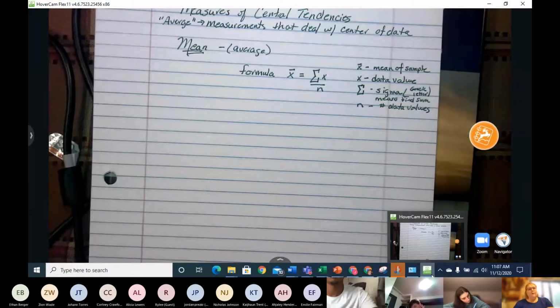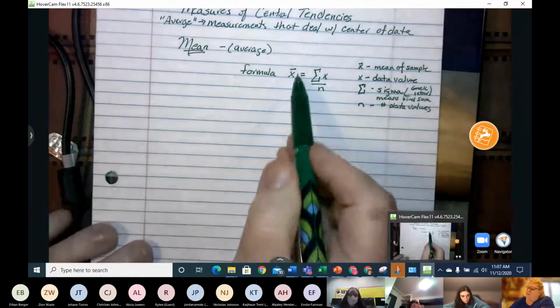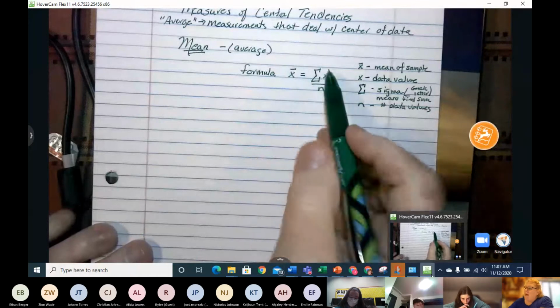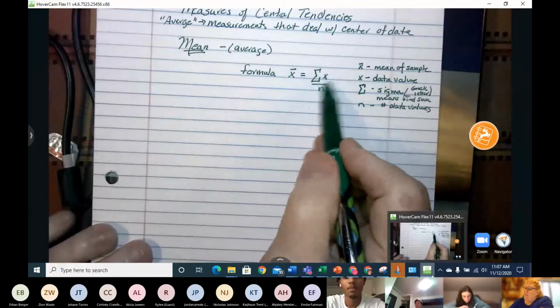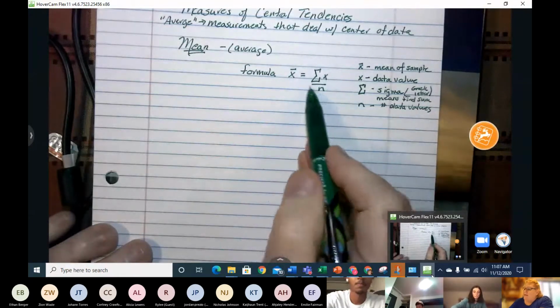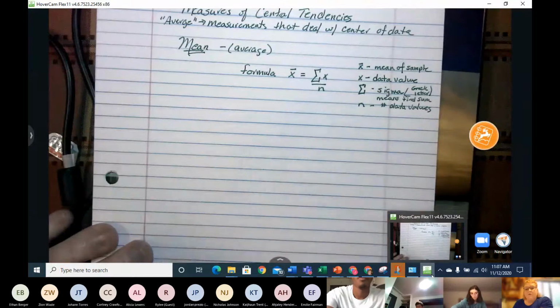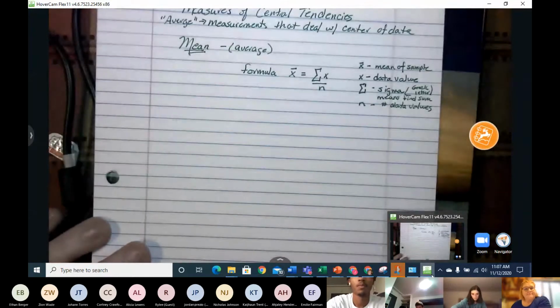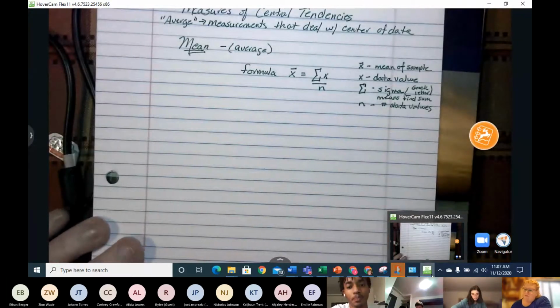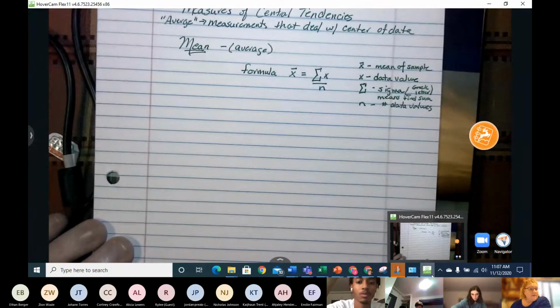So if you know what each of those mean, the formula makes sense. The mean is found by the sum of all the data divided by the total number of data. So that's what the symbol means, and that's what the formula means.